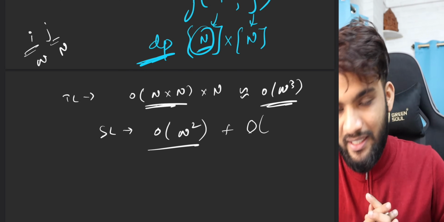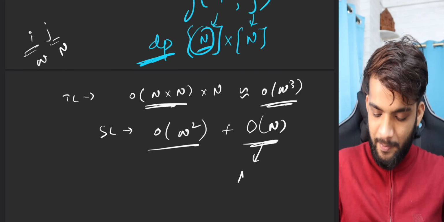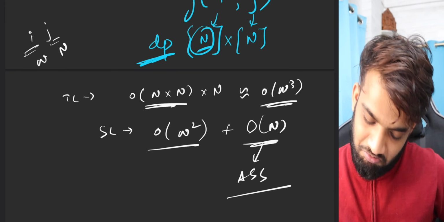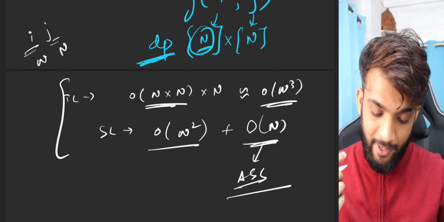Yes, there is definitely a stack space of big O of n. This is the auxiliary stack space because of the recursion depth, which is big O of n. So that's what the memoization will be.